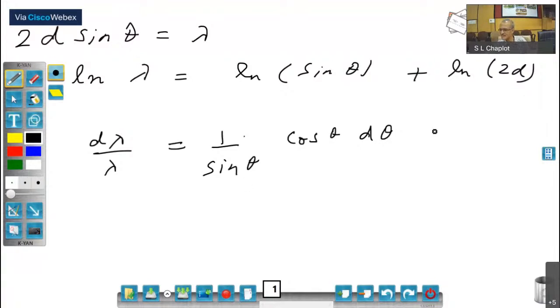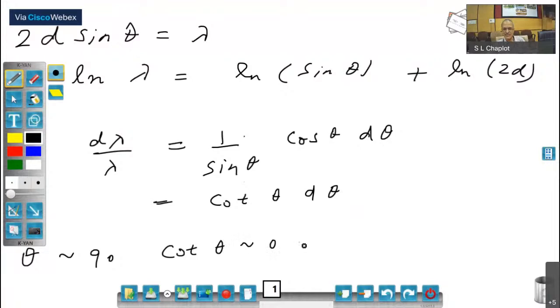So this is equal to cot theta d theta. Now you just think of it. So this would have been done earlier? No. Okay. Good. So now you see, think of it. If your theta is around 90 degrees, then cot theta becomes 0. So therefore, you can get an extremely high resolution.